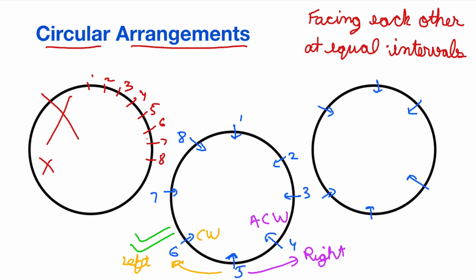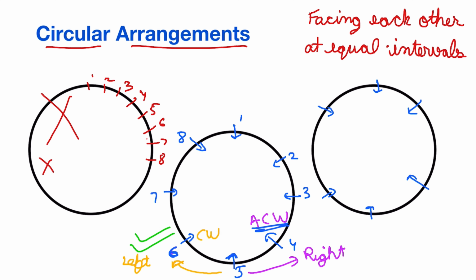So if I say the person sitting to the right, in the anti-clockwise direction, we are at 5, it will be 6, right? Whenever we talk about this, if I am saying clockwise, I mean left if they are facing inwards, and if I say anti-clockwise and they are facing inwards, this means I am talking about right.